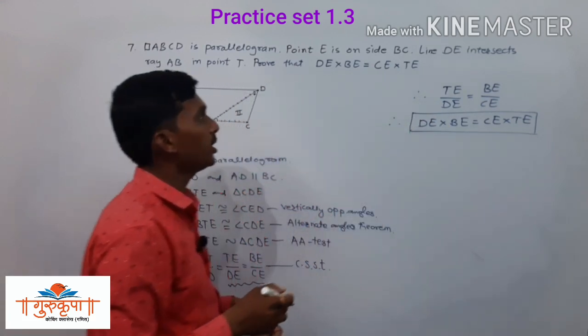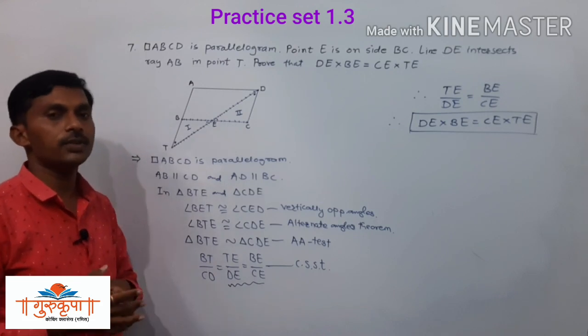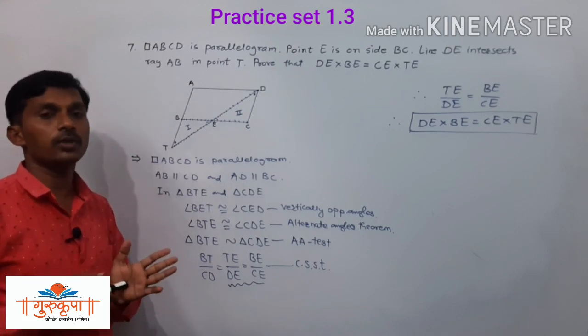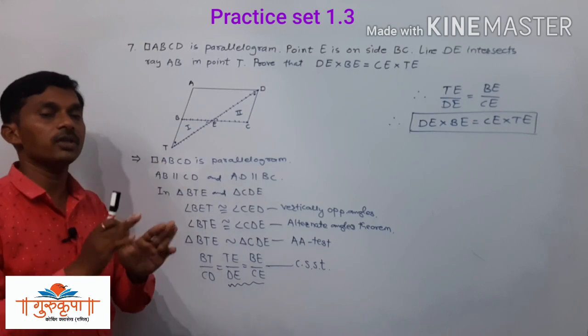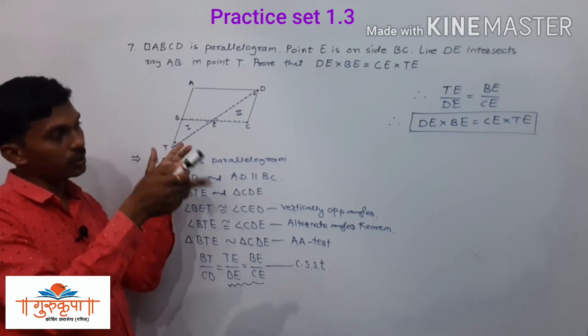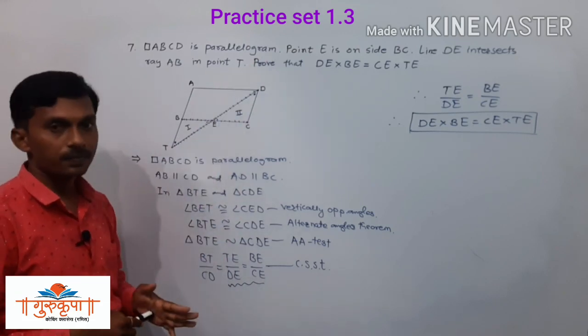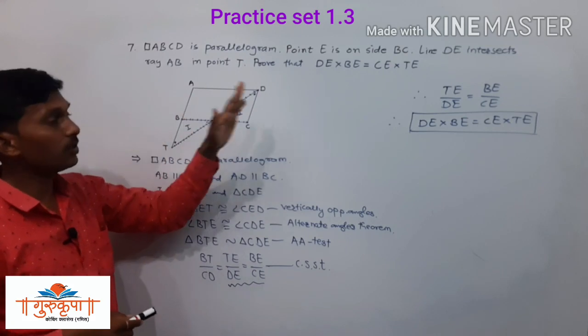It is too easy. Just we have to show that two triangles are similar to each other, put their corresponding sides in proportion, and then using two ratios take cross product. So we will get that part. So this is all about example number 7.